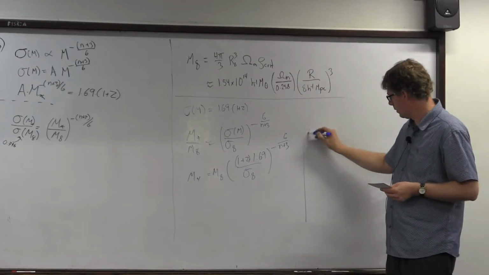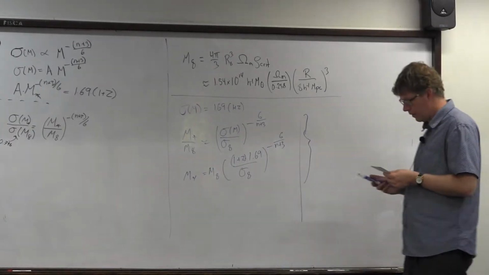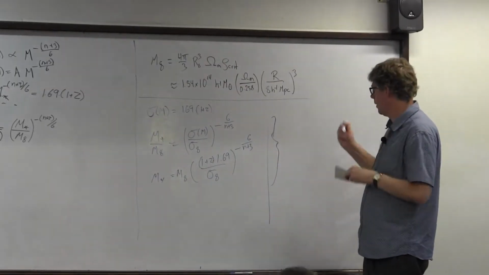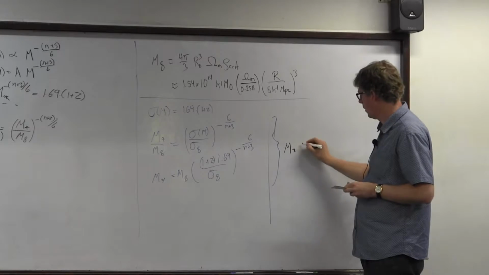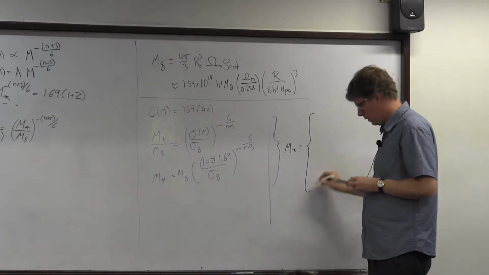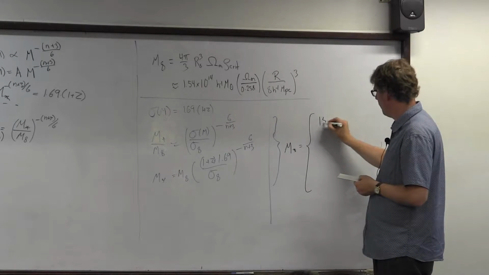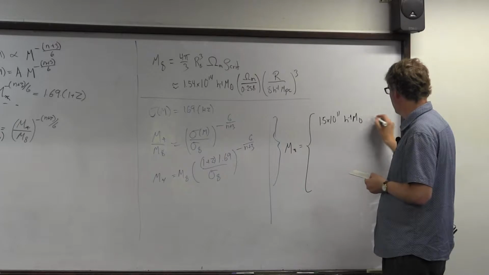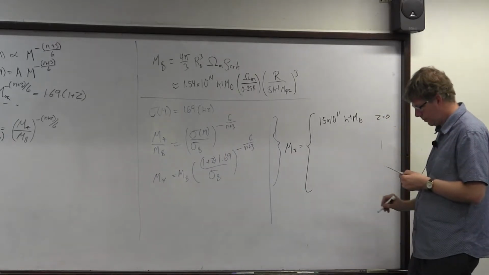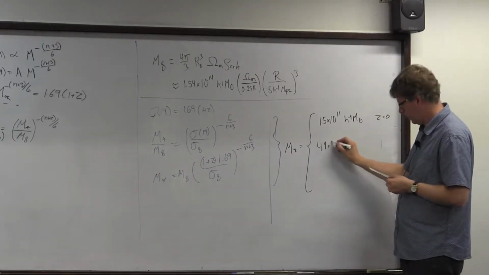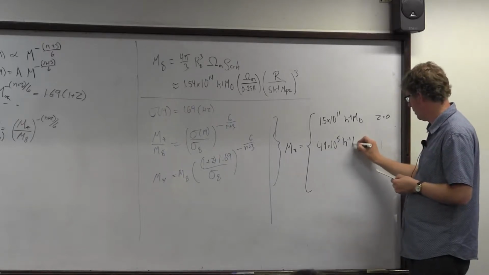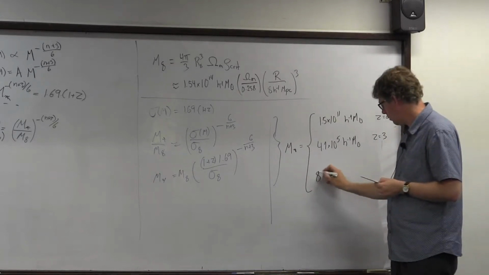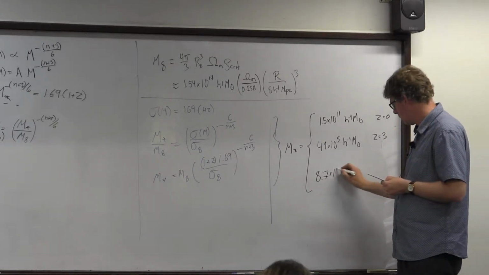So what that now gives us is m star equal to 1.5 times 10 to the 11 at redshift 0, 4.1 times 10 to the 5 at redshift 3, and 8.7 times 10 to the 1 at redshift 9.